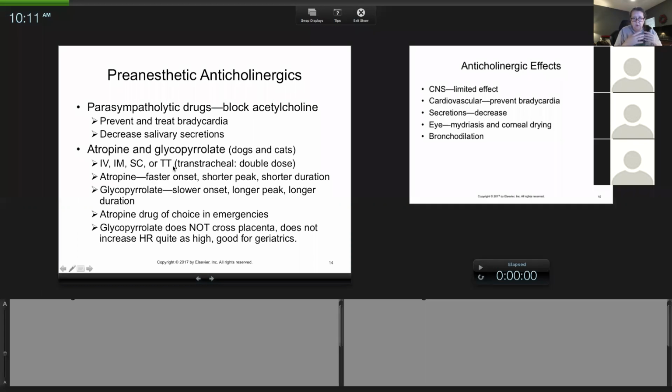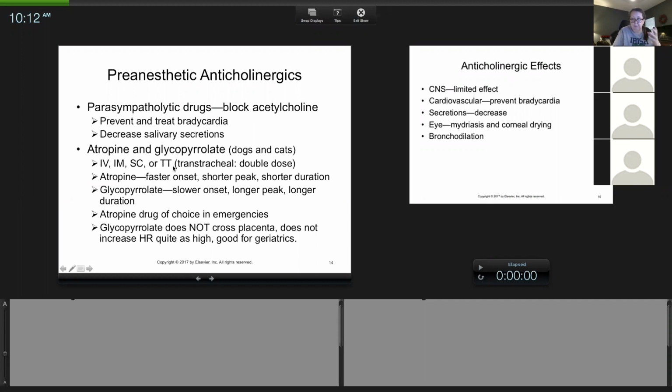Atropine and glycopyrrolate have in common the reasons we give them. But what is the difference between them? Well, first of all, atropine works faster. It has a shorter peak and a shorter duration. And atropine is dirt cheap.